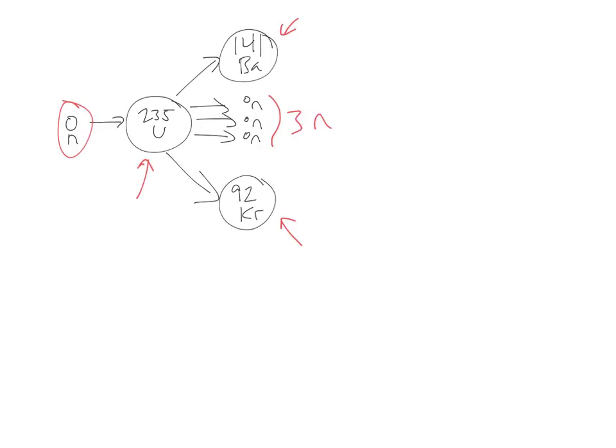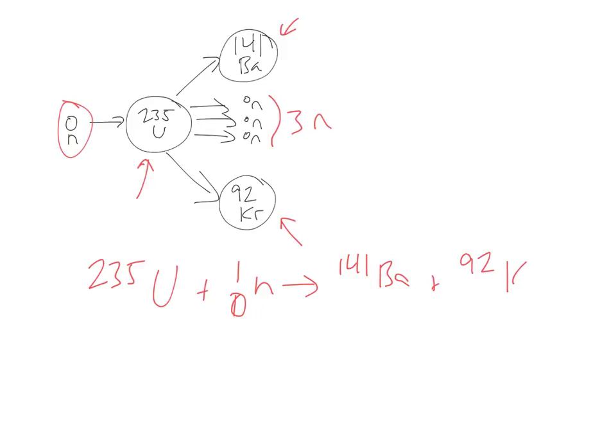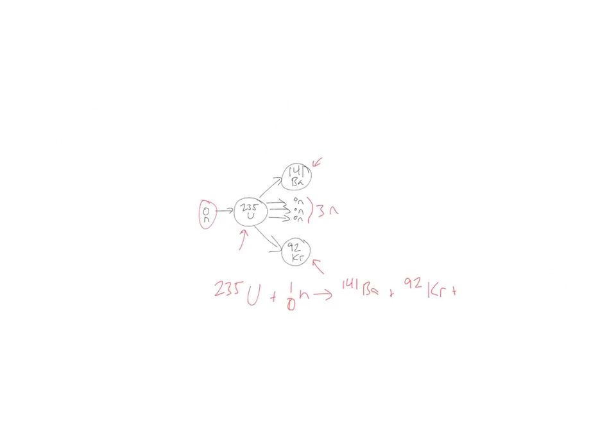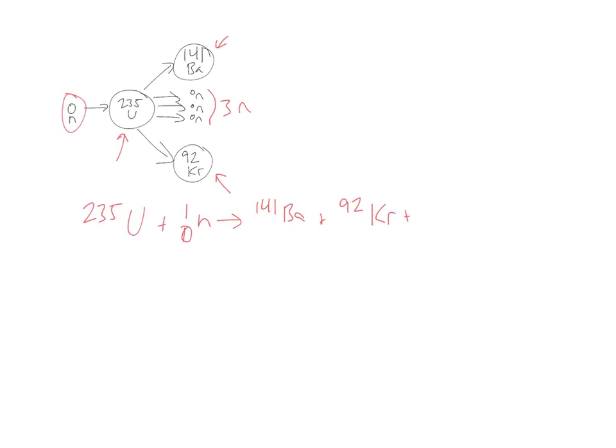When writing this out in terms of the actual reaction that would take place, you would say that we have uranium 235 plus 1 neutron yielding barium 141 plus krypton 92 plus three neutrons.